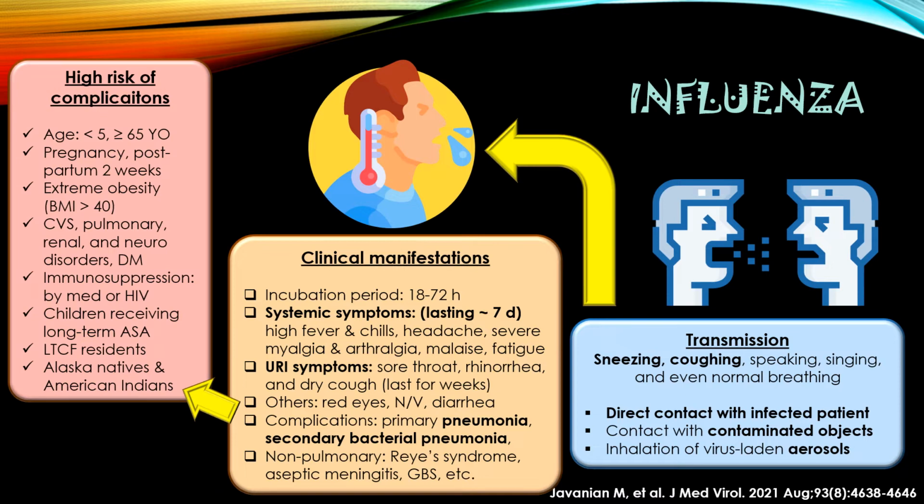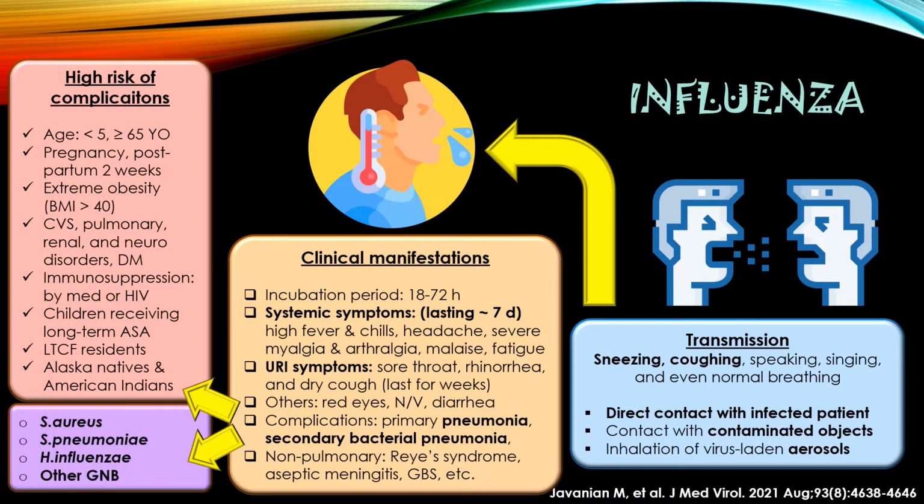Those at high risk of complications include the extremes of age, pregnancy, chronic heart and lung disease, diabetes, immunosuppression, and children using ASA, aspirin. Some races may have more severe influenza. Some factors are like hygiene, right? The secondary infections caused by bacteria include Staphylococcus aureus, Streptococcus pneumoniae, and other gram-negative bacilli.